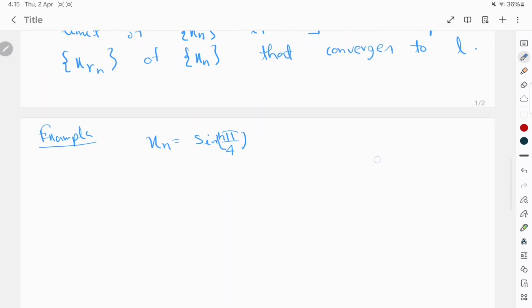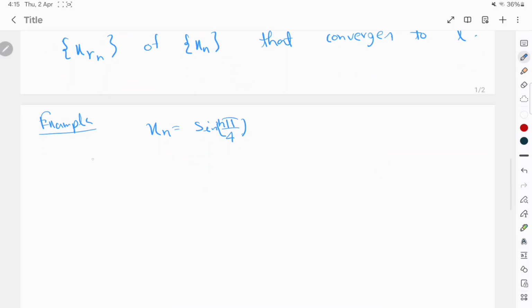Okay, so for this one you can have that 0 is a subsequential limit, right? We will see 1 by root 2 also is a subsequential limit. For example, if I consider x4n, you see that will be converging to the number 0. And x8n plus 1: if you consider this, that sequence will be converging to 1 by root 2.